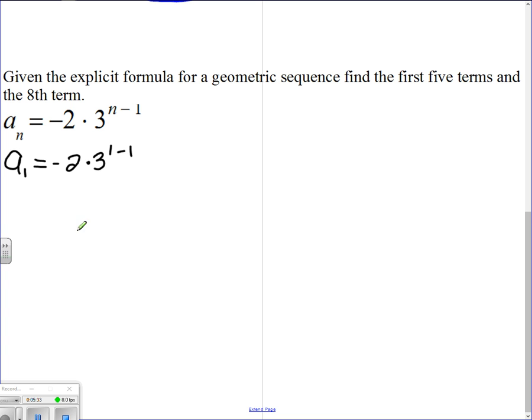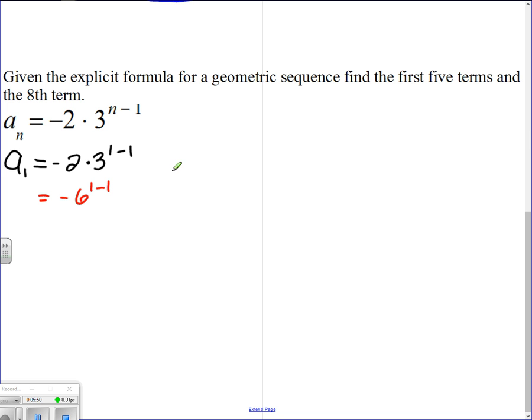The biggest mistake I saw in this problem is some of you were doing 2 times 3 will give you negative 6, 1 minus 1. That is wrong. Don't do that. You have to do the exponent first and then multiply.